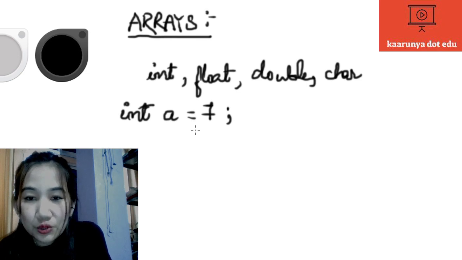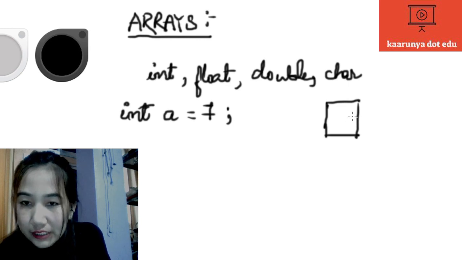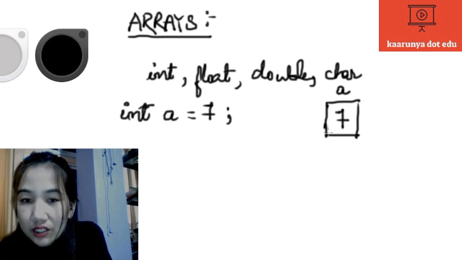Here a is nothing but the name of the variable. A variable is like a container to store elements. Here the number 7 is going to be stored in a container named a, which is nothing but a variable, and it has a memory address associated with it.